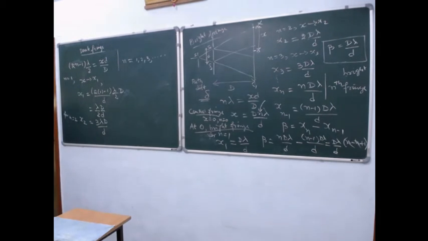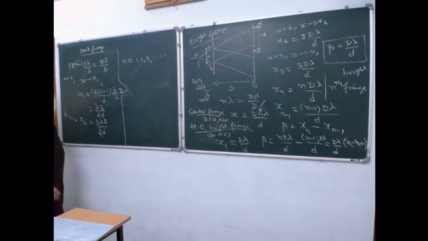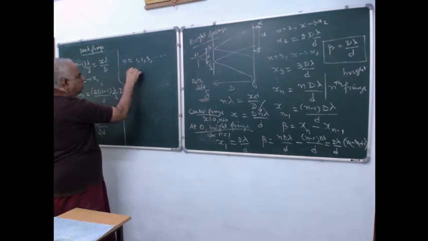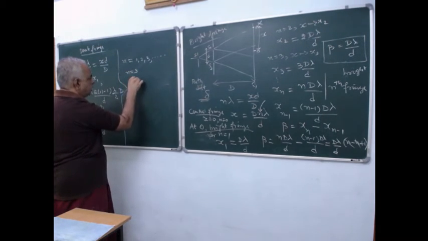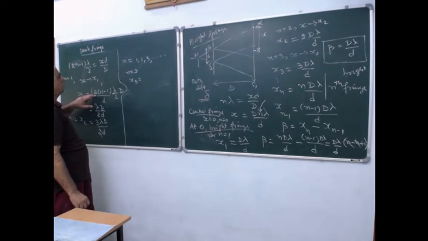Are you able to follow? Right? And you have got already 2 here, so 2d. So 3 by 2 is the lambda D by small d. Got it? Right. And similarly, for n is equal to 3, let us work out. So n is equal to 3. So what is x3? x3 is given by 2 into 3, that is 6.